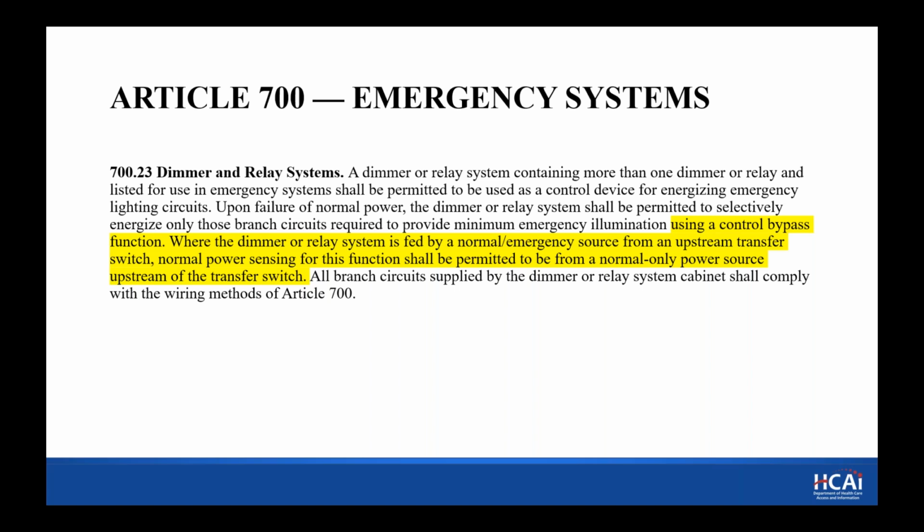If you're using a control bypass function where the dimmer relay is fed by the normal and emergency source, which is downstream of a transfer switch, then the sensing shall be permitted from a normal only power source, which would give you a true reading of the utility's power availability.